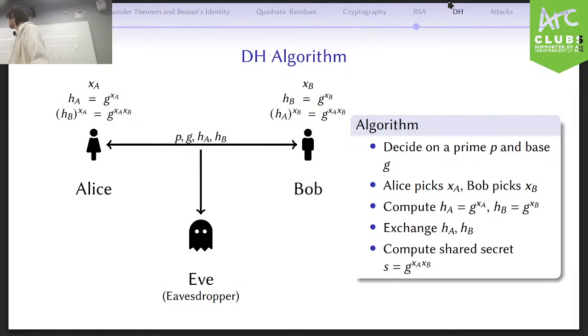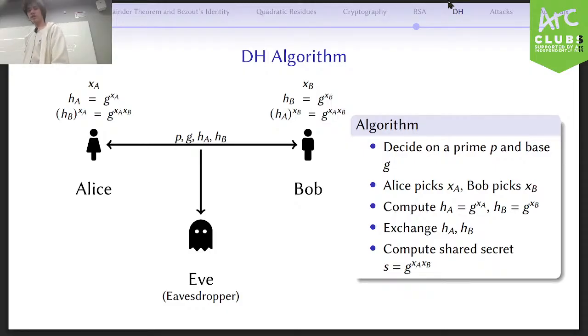Finally, to compute the shared secret S, for Alice, she's going to raise Bob's number HB to the power of her secret number XA, which will result in G to the power of XA times XB. Bob is going to do a similar thing.